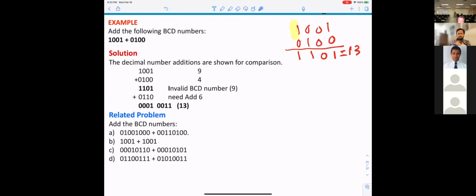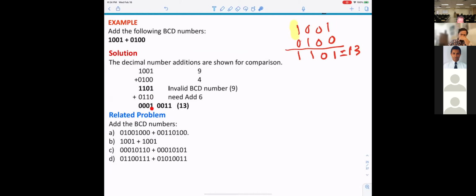Whenever BCD is higher than 9, you must add 6. The reason is 9 plus 6 equals 15. So you add the number 6.